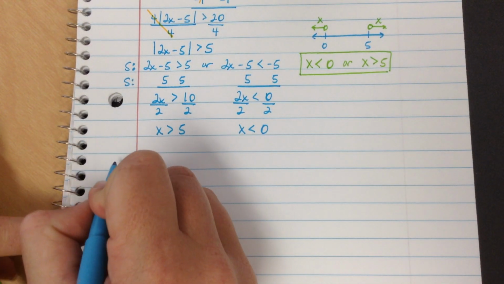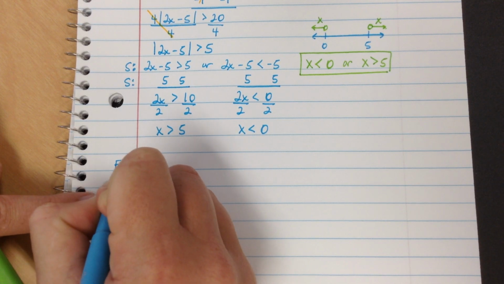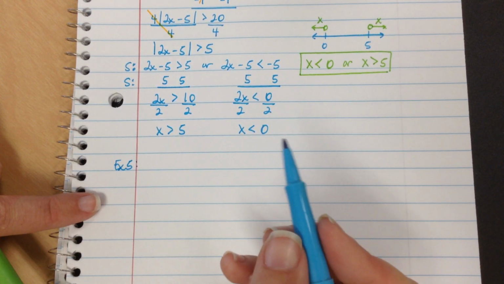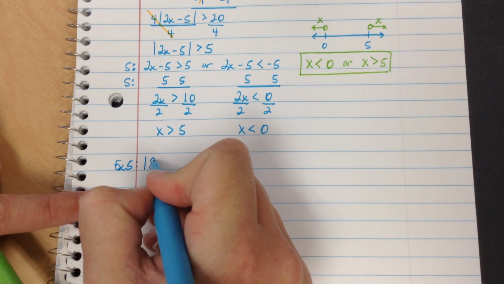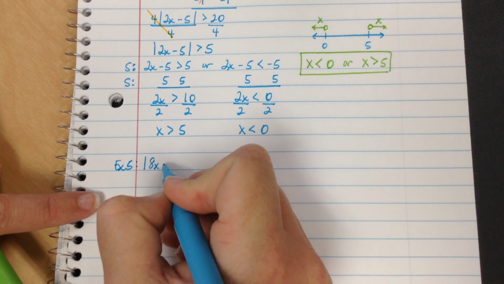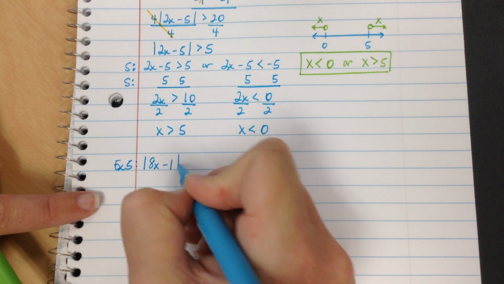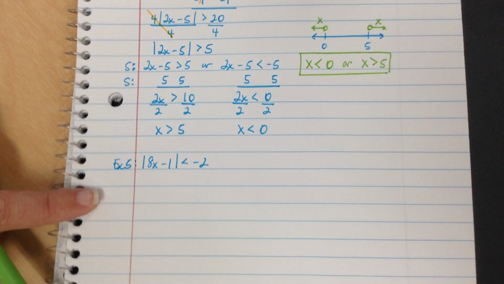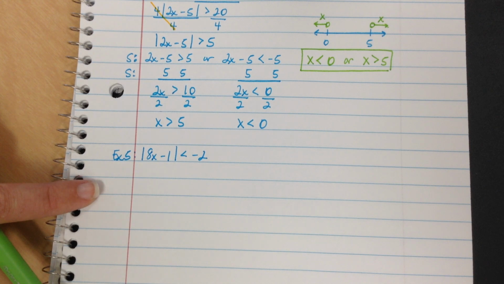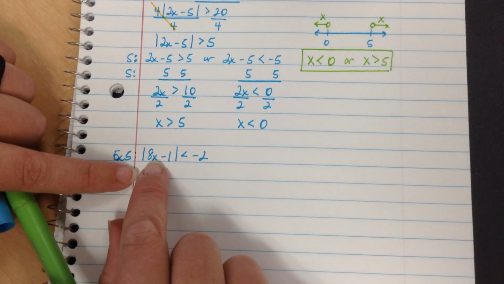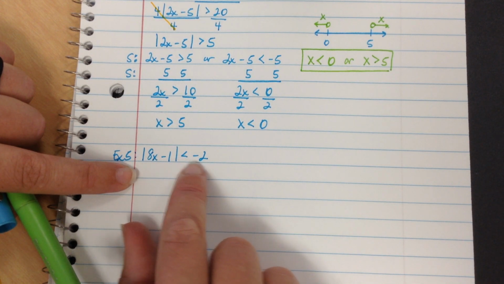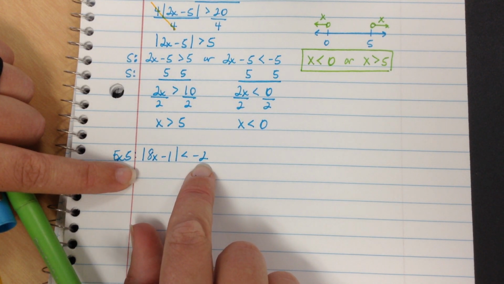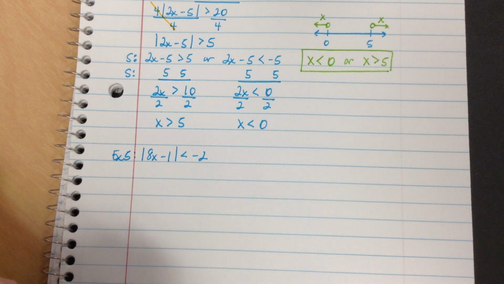Okay, let's take a look at example 5. We've got absolute value of 8x minus 1 is less than -2. Now I want you to think about this for a second. Absolute value less than a negative number. What numbers are less than negative ones?